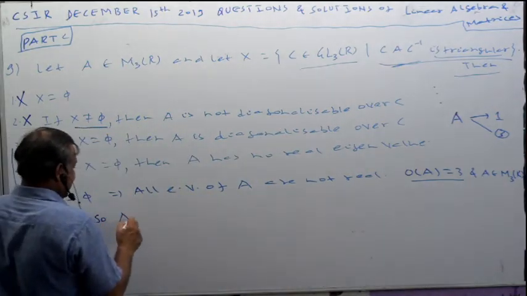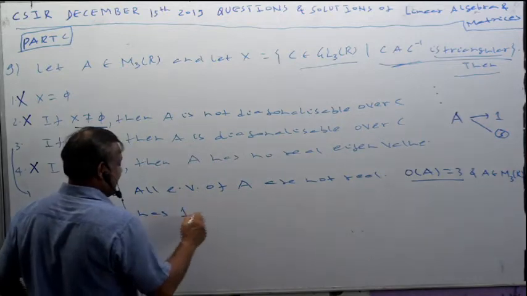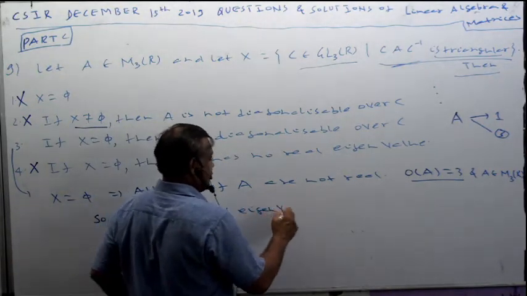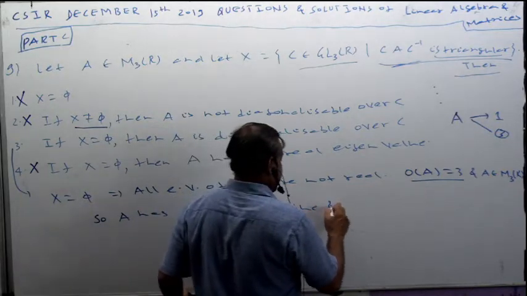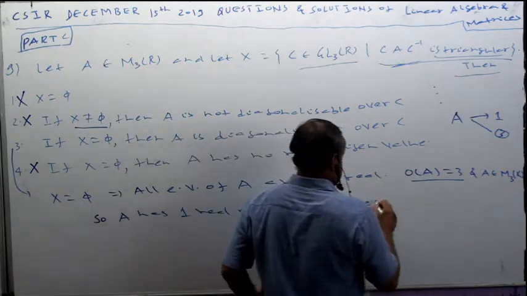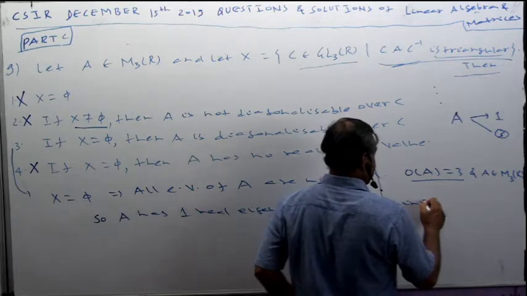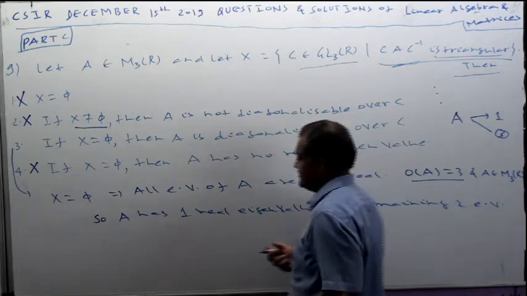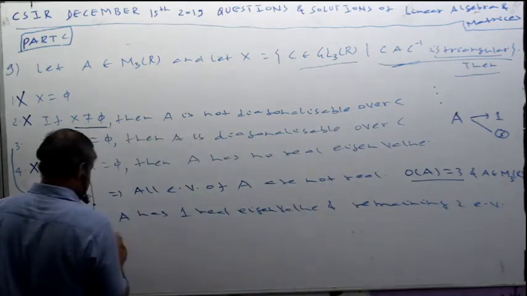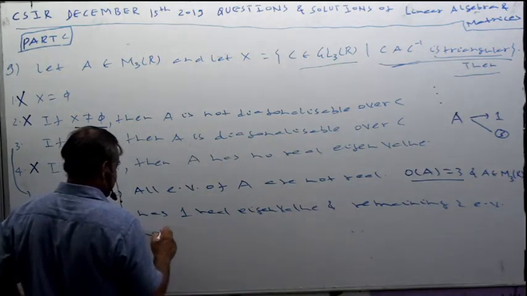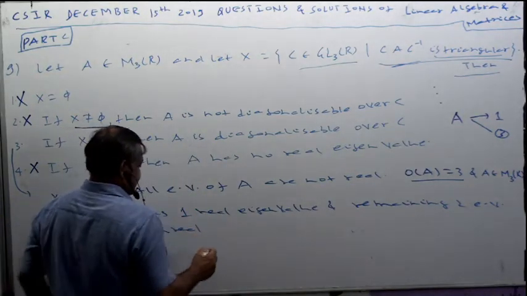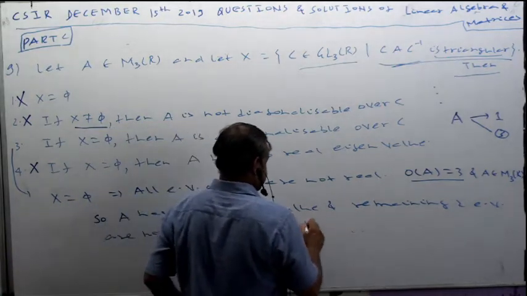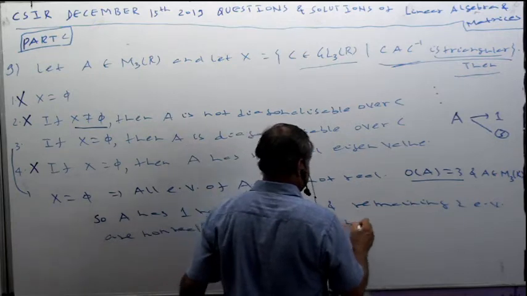So A has one real eigenvalue, order is 3, odd order, and the remaining two eigenvalues are non-real, and they will be conjugates of each other.